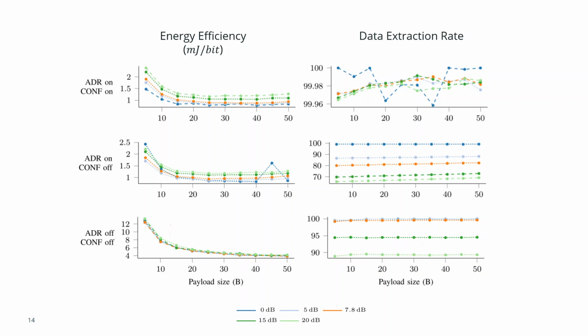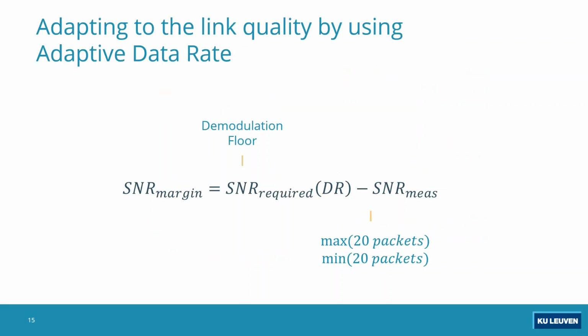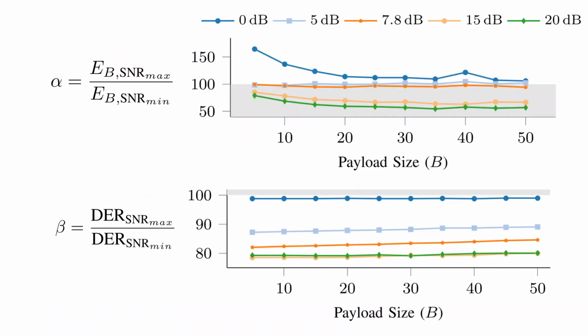One way to tackle this issue is not to overestimate the link quality, as the recommendation of the protocol suggests by taking the maximum. Instead, we could, for instance, use a minimum selection criterion for the SNR and thereby underestimate the channel conditions. The impact of choosing the maximum over the minimum is shown by these two parameters, alpha and beta.